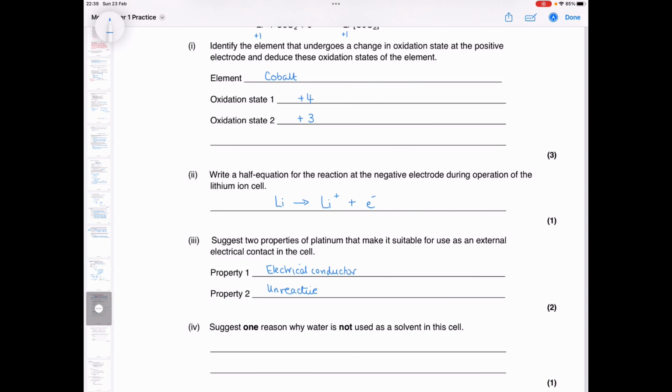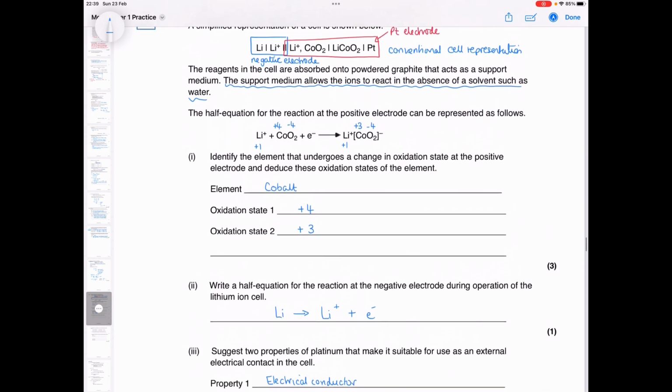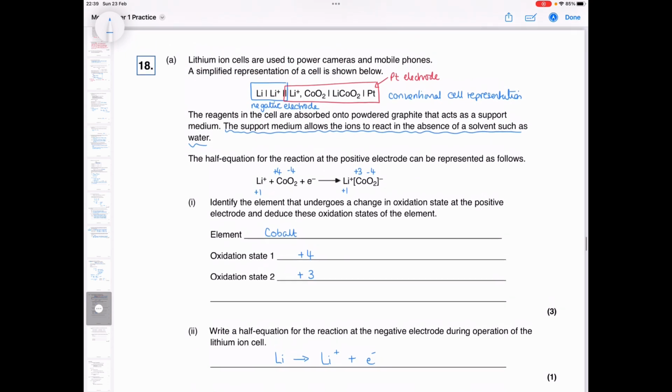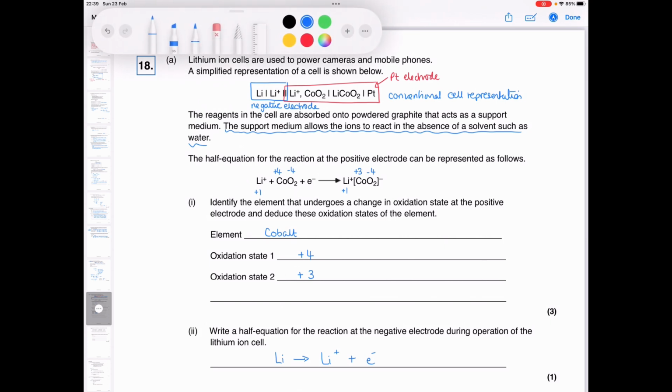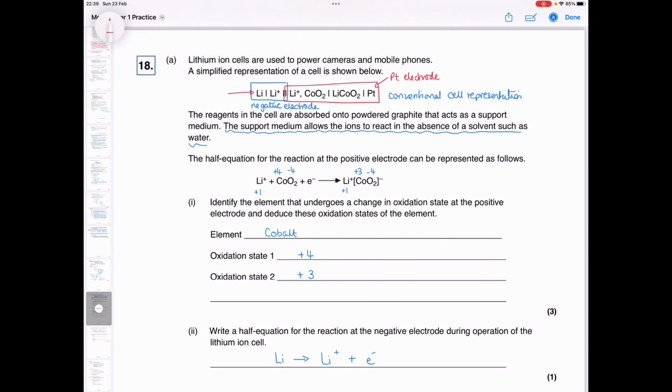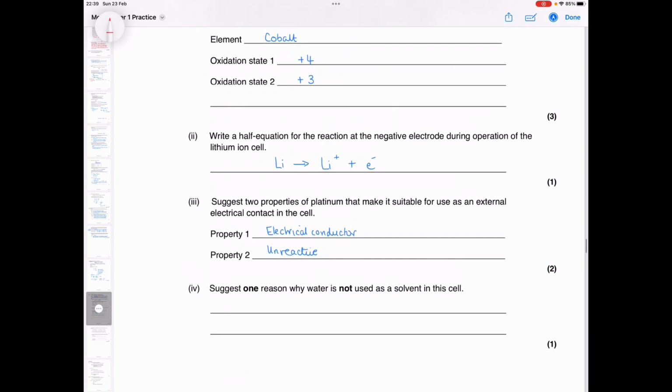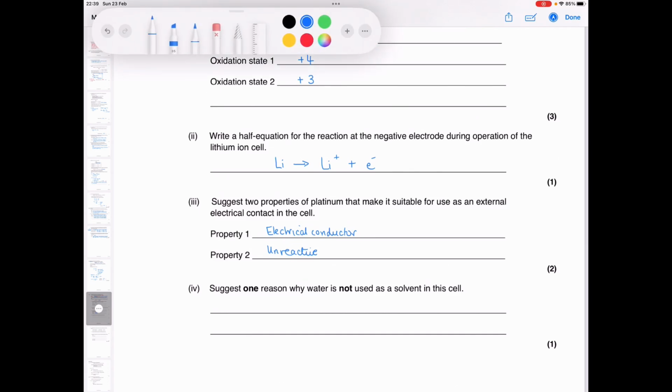Suggest one reason why water is not used as a solvent in this cell. So if we have a look at the species which are present, hopefully you will notice that lithium, which is a group 1 metal, is highly reactive with water, which would form lithium hydroxide and prevent the cell from continuing to be chargeable and dischargeable.